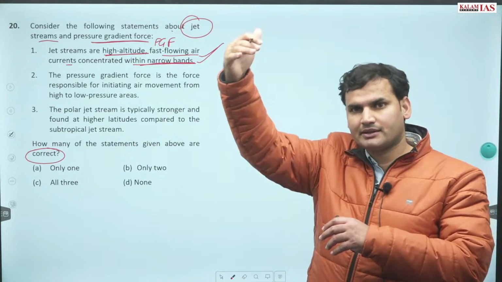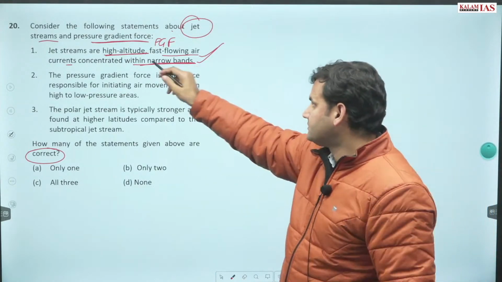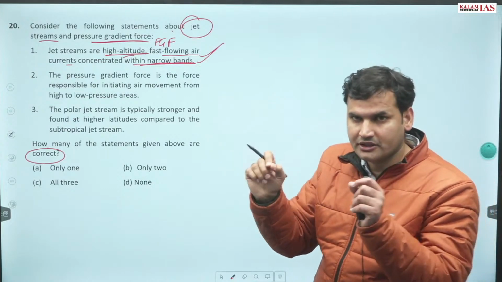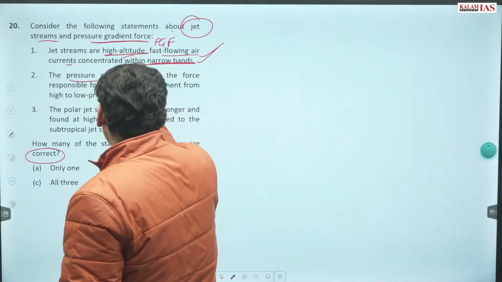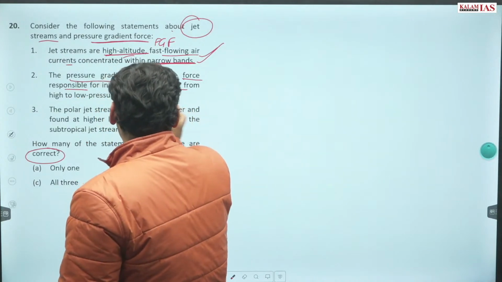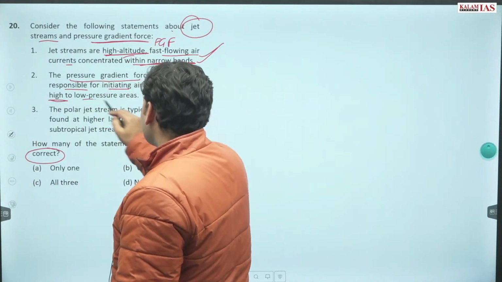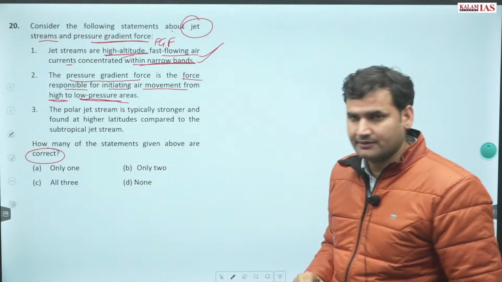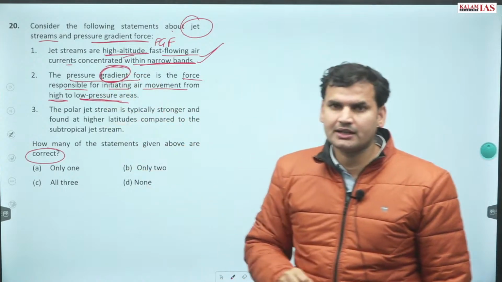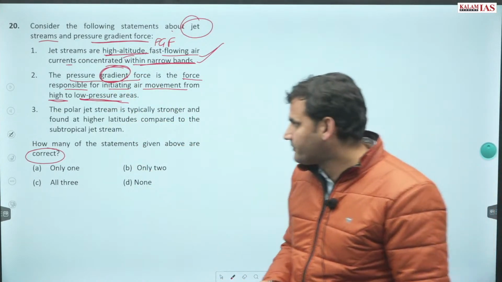Jet streams are upper, high altitude, so obviously there would be less friction or no friction, right? So the pressure gradient force is the force responsible for initiating air movement from high to low pressure areas. The word is gradient; you will read this again and again in the subject of geography.